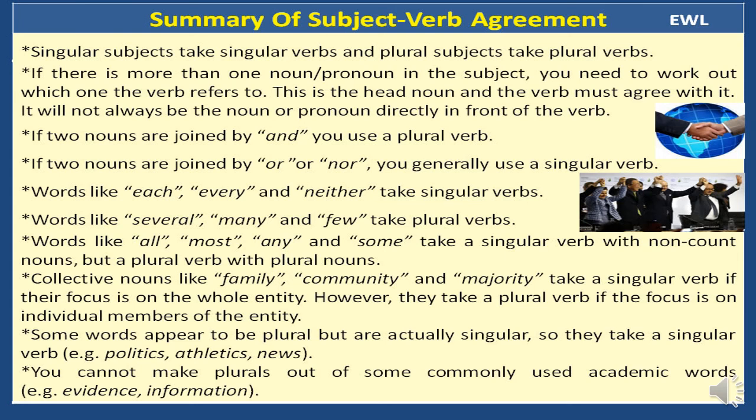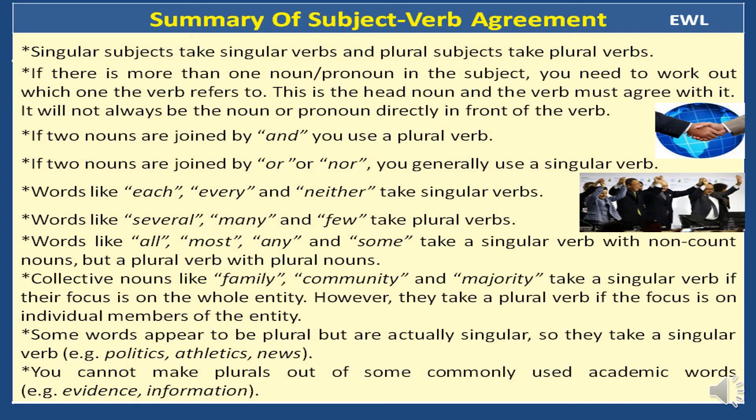Collective nouns like family, community and majority take a singular verb if their focus is on the whole entity. However, they take a plural verb if the focus is on individual members of the entity. I just talked about this when we were talking about the company, organization's name and the team's name. Some words appear to be plural but are actually singular, so they take a singular verb.